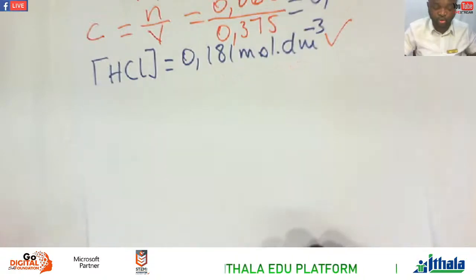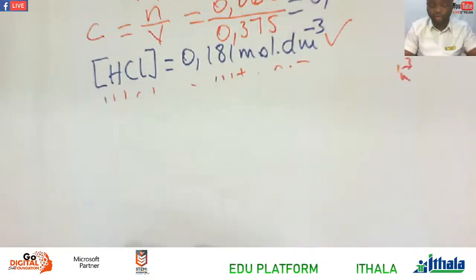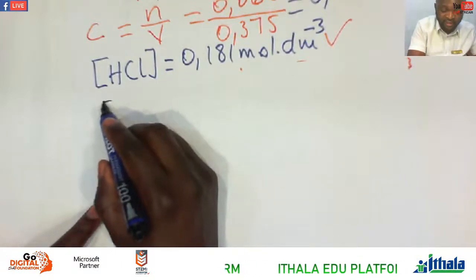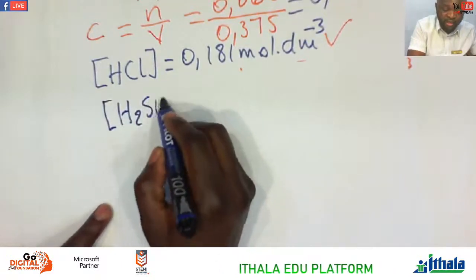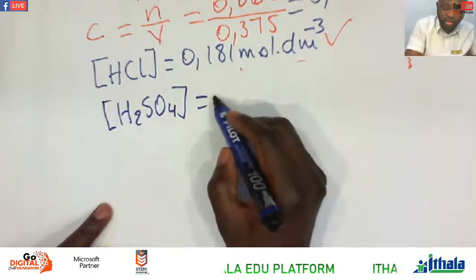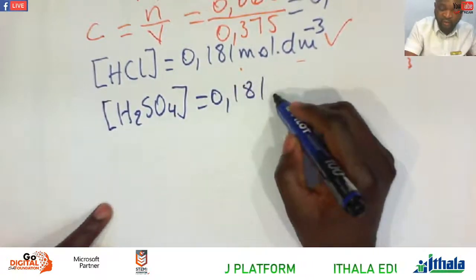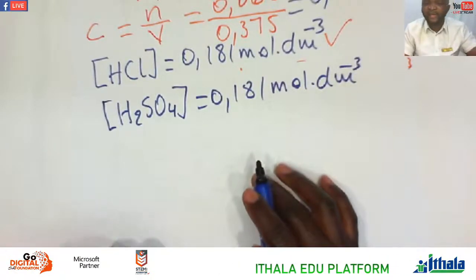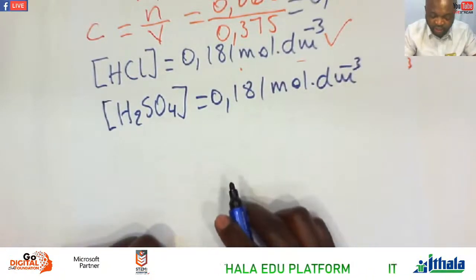Sino H2SO4. Right? Asibona ukuthi pH is also calculator kanjani. Ngoba sithola bani, let's say sine concentration ka H2SO4 elingana nalo 0,181 mole per decimeter cube. Umbuzo usathi calculate in a concentration a pH.